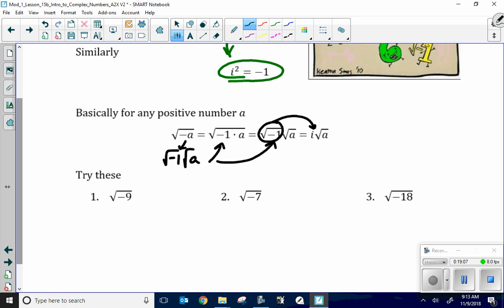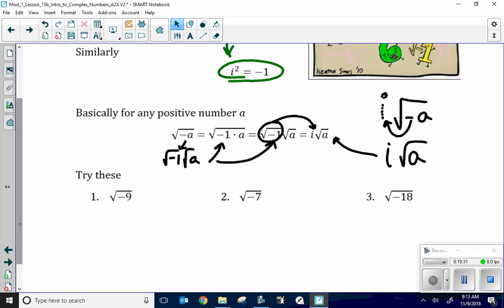Now, you might be looking at that like, okay, I kind of get it. Again, what I tell my students is this: pop the negative out, and it becomes your i. So now I've got an i, the negative is gone, square root of a. Just have the negative pop out and become the i. That just solves all life's problems.